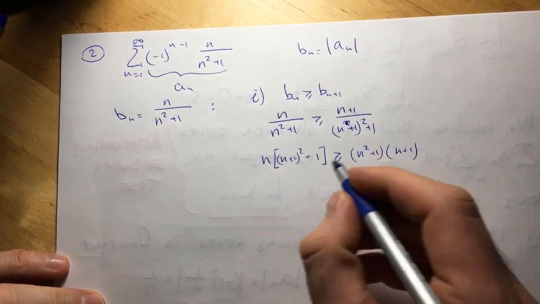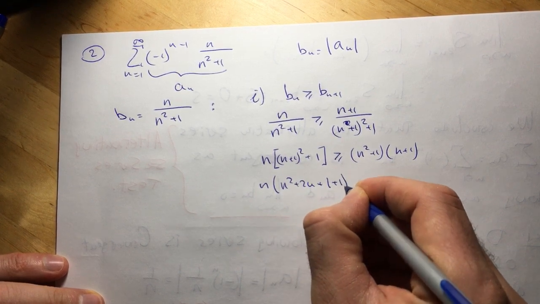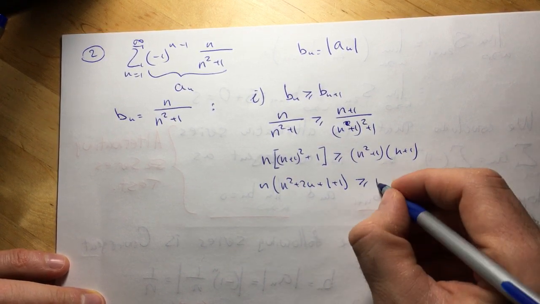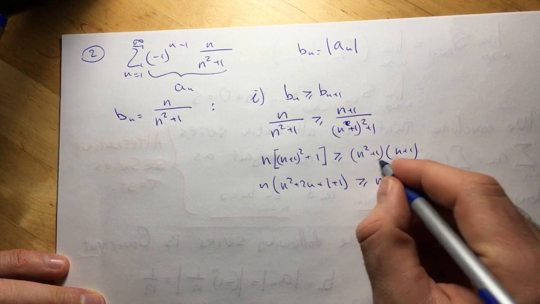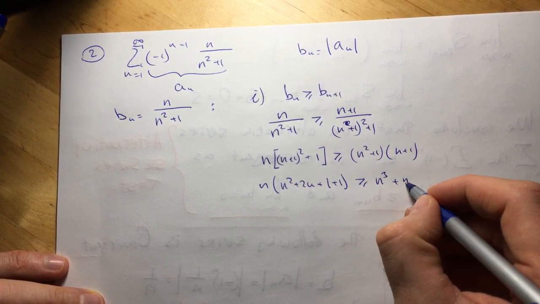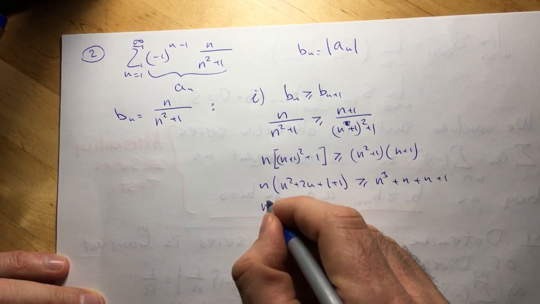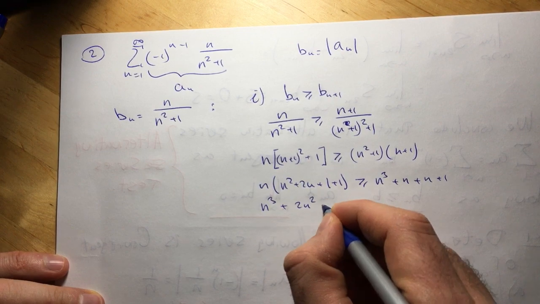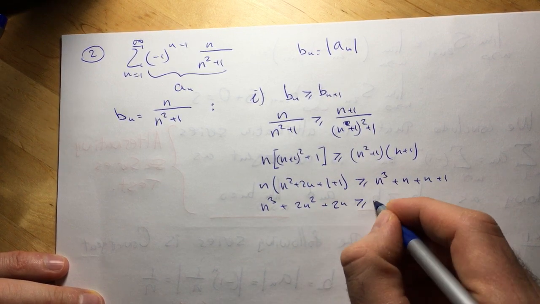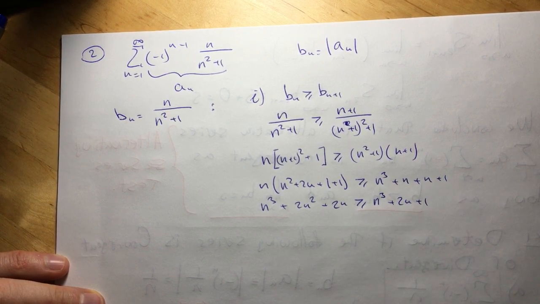Okay, and then expand this: n squared plus 2n plus 1 plus 1. Show that it's greater than or equal to n cubed plus 2n squared plus 2n, greater or equal to n cubed plus 2n plus 1.